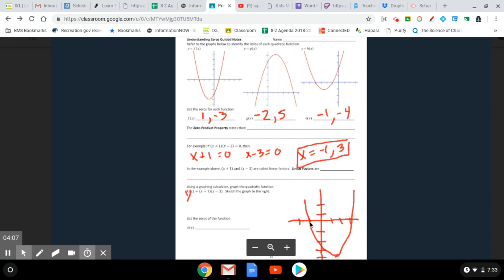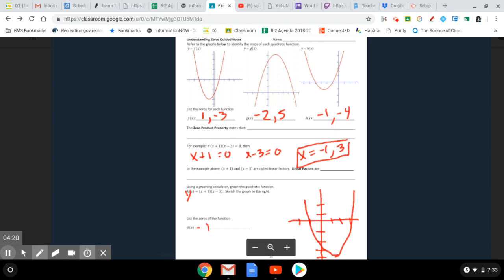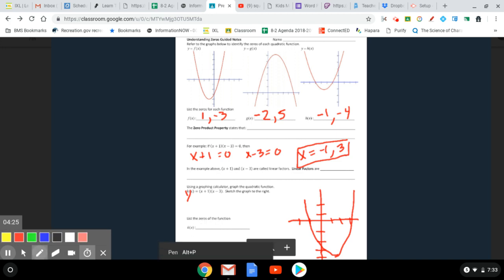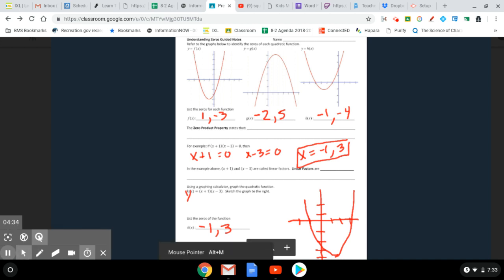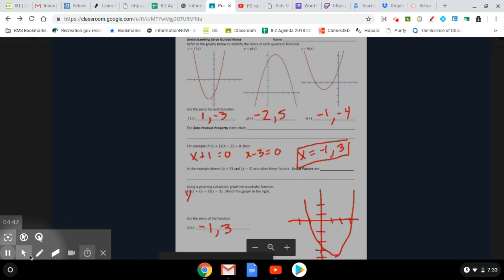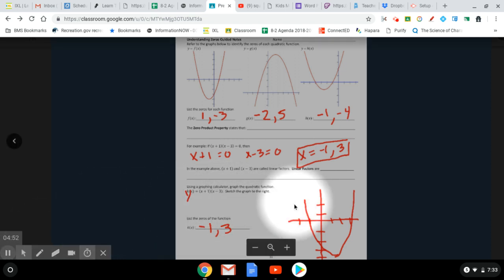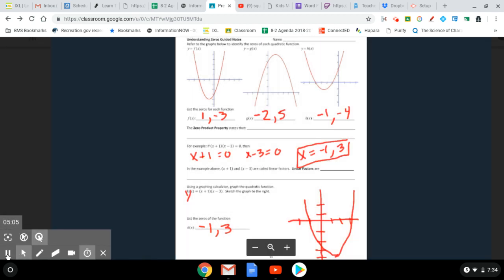Well, the zeros, it crosses at -1 and +3. So I listed my zeros here, -1 and 3.